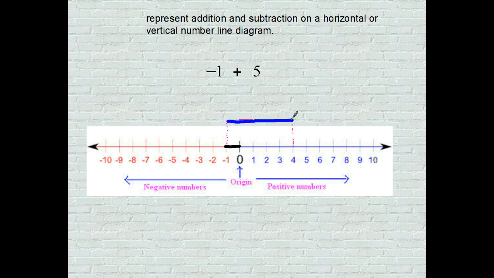Maybe we could put an arrow on the end of these two. So we went from negative 1 to the right 5 units, and we ended up at positive 4 as being the answer to this. Later on, I'm going to teach you another technique. For right now, let's just concentrate on the number line.